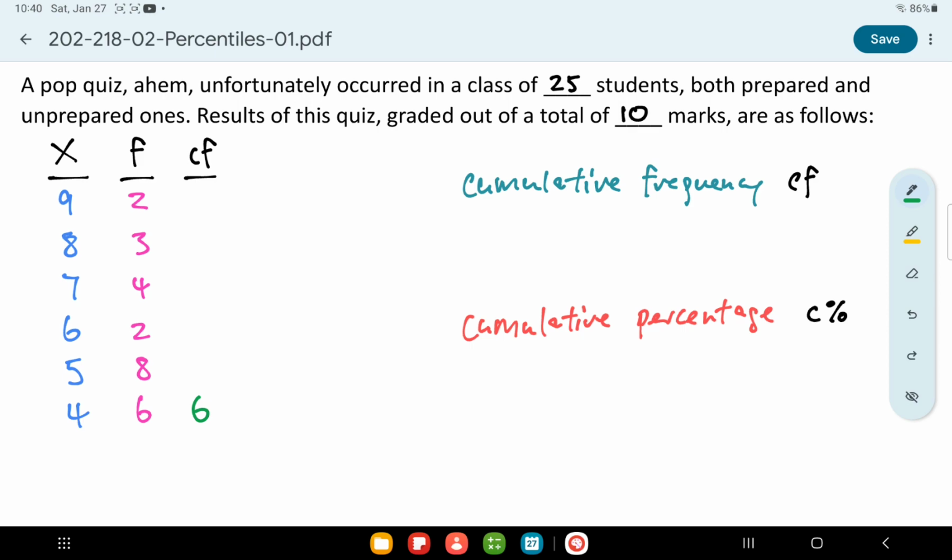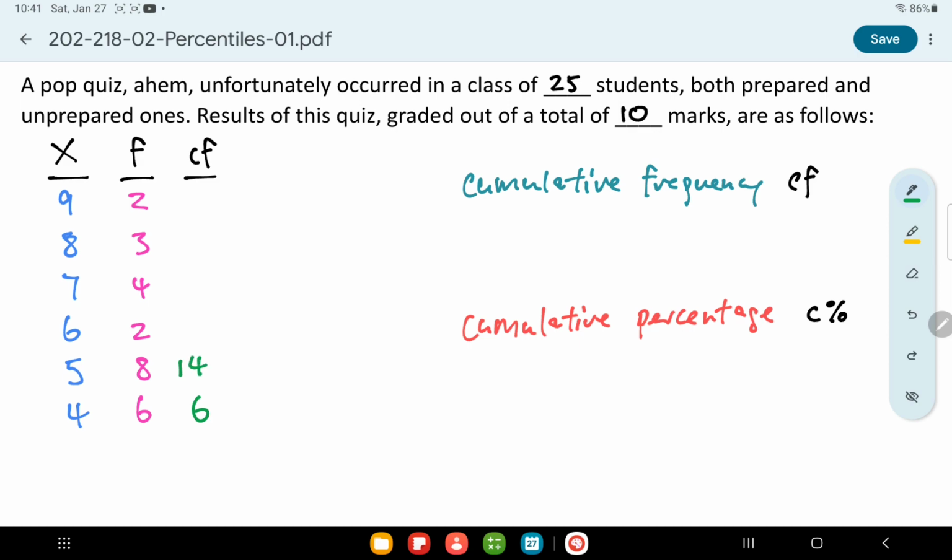Cumulative frequency refers to the number of individuals scoring that score and below. In this situation, we add the frequencies of all of those who scored 4 out of 10 as well as 5 out of 10. That is a total of 14.